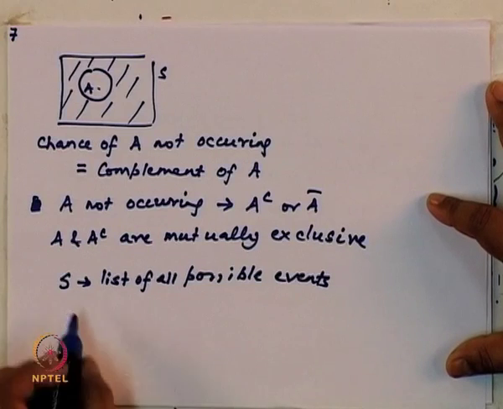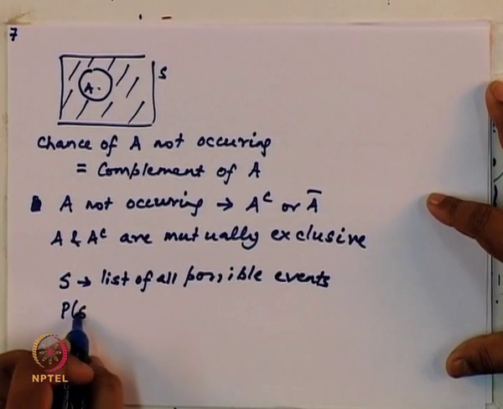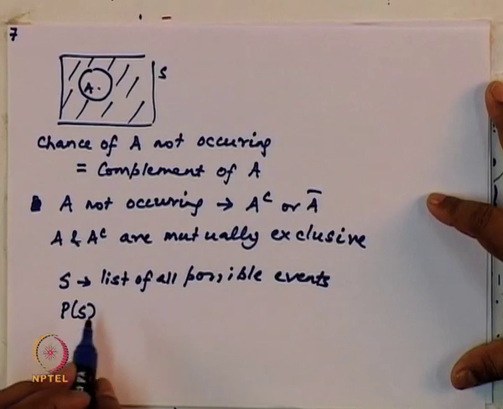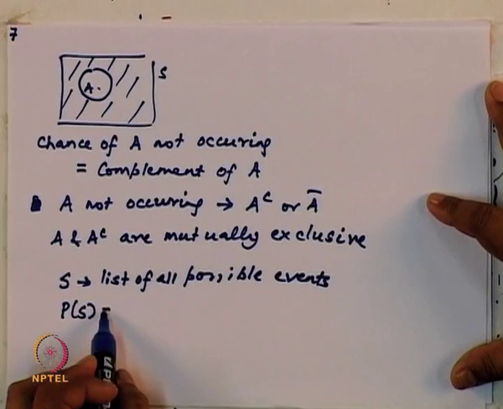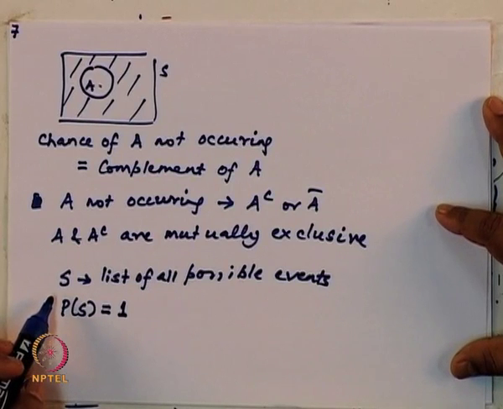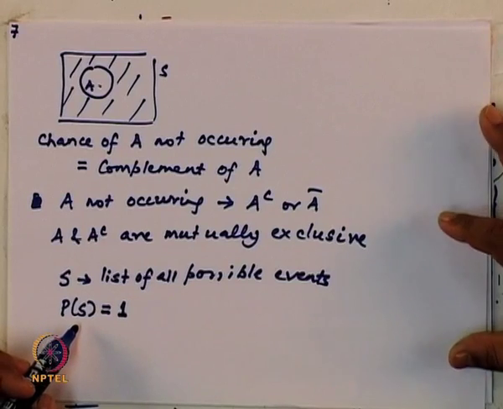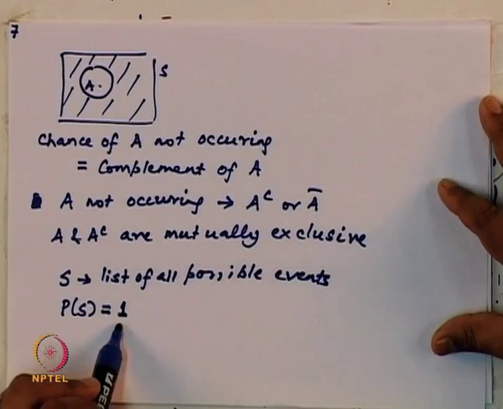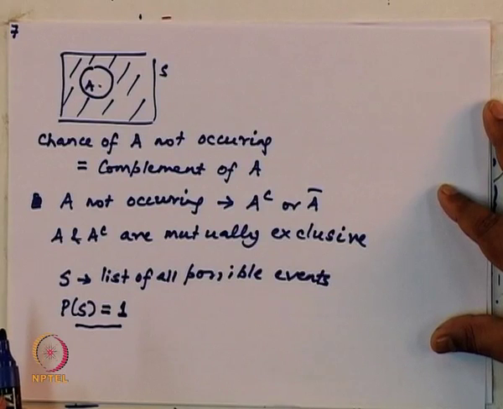So clearly, I can say the probability of S is equal to 1. If S is the list of all possible outcomes, then the chance that S will occur is 100%. That is why you write the expression probability of S is equal to 1.